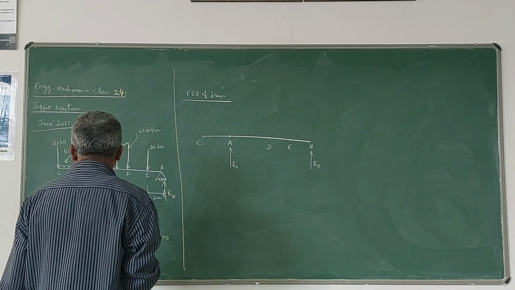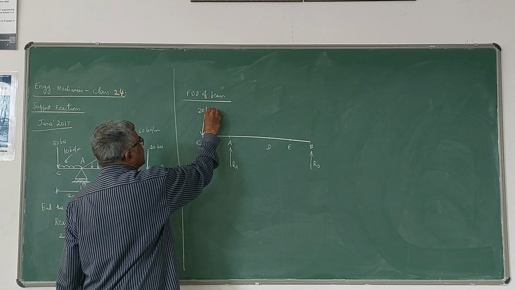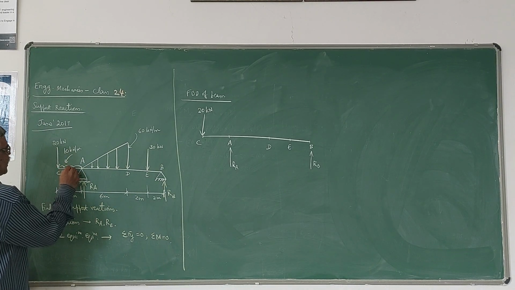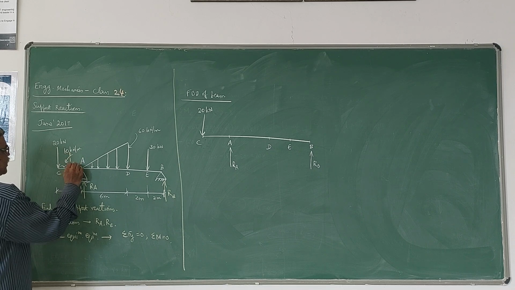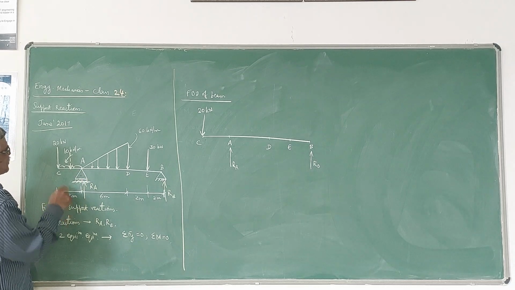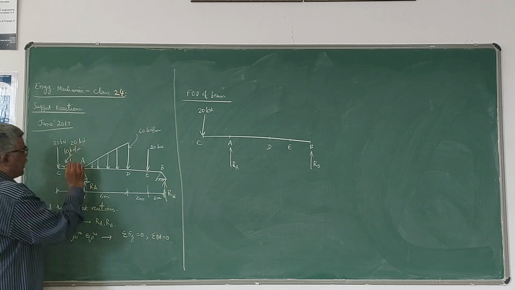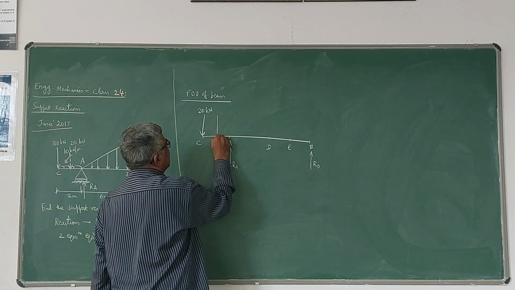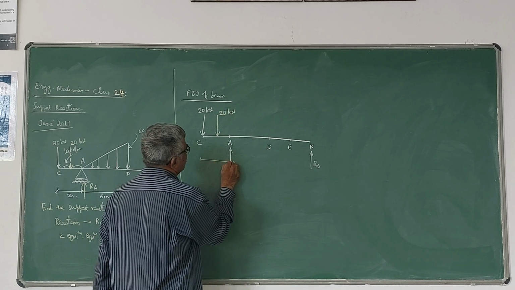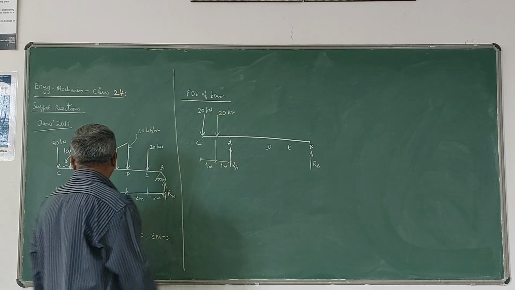Now the corresponding loads are a 20 kN concentrated load at the end C. Then you have a UDL from C to A. This UDL can be converted to a concentrated load acting at the midpoint, and its value is intensity multiplied by distance, 10 into 2, 20 kN. So the 20 kN will act at the midpoint of CA, which is 1 meter from C, because CA is 2 meters.